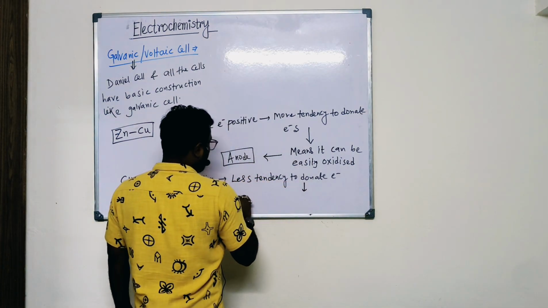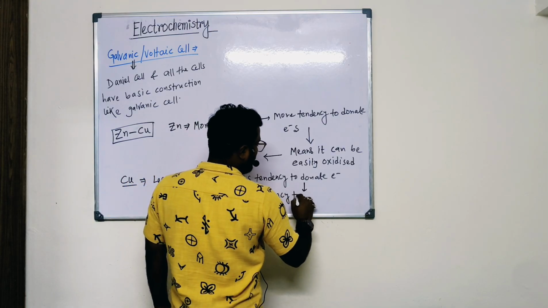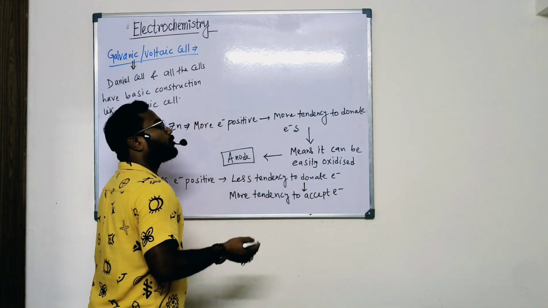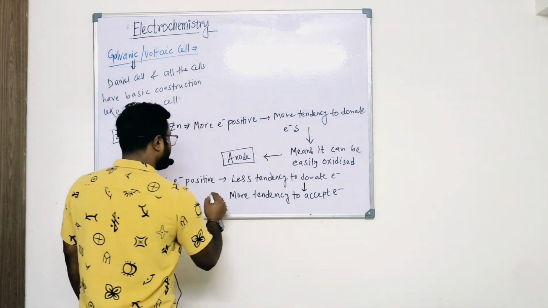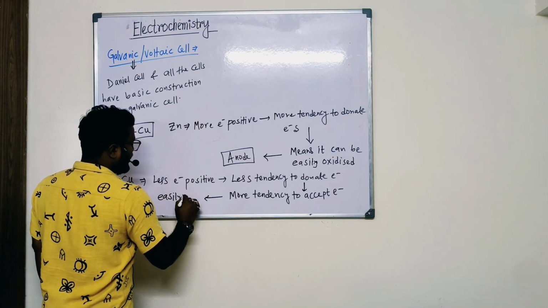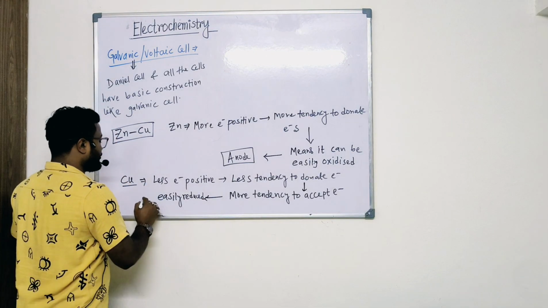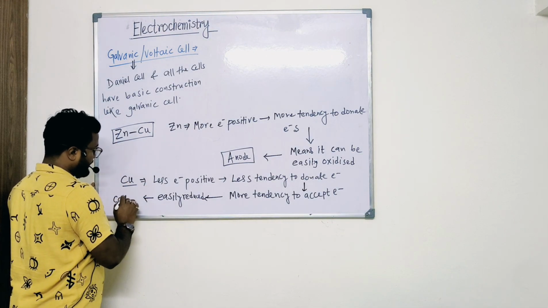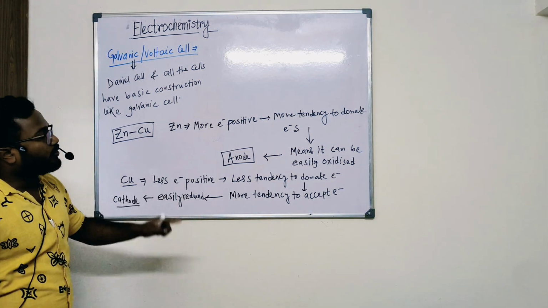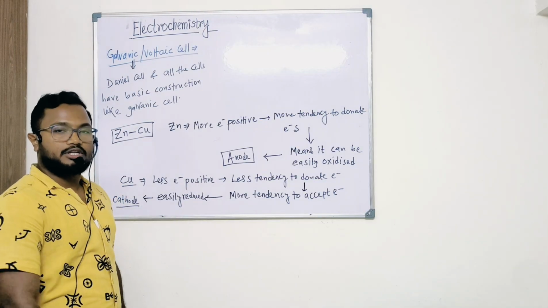It has more tendency to accept electrons. As it has more tendency to accept electrons, it is easily reduced. As it is easily reduced, it will behave as a cathode. We know that in the anode terminal oxidation takes place and in the cathode terminal reduction takes place.